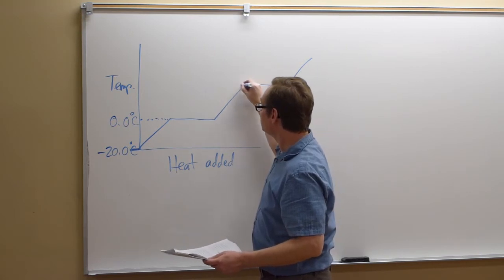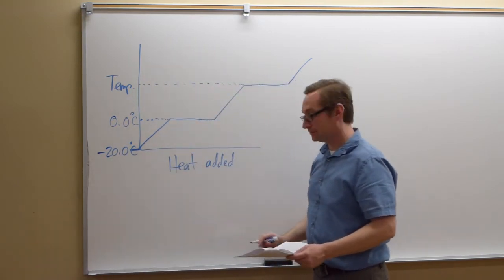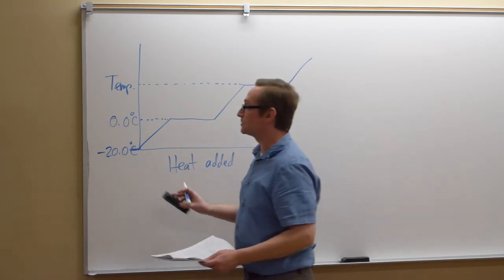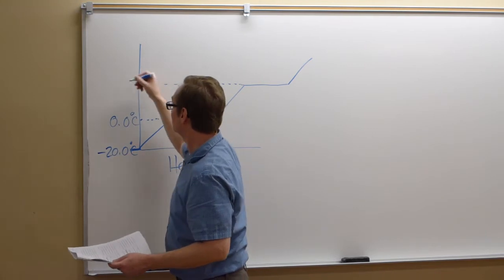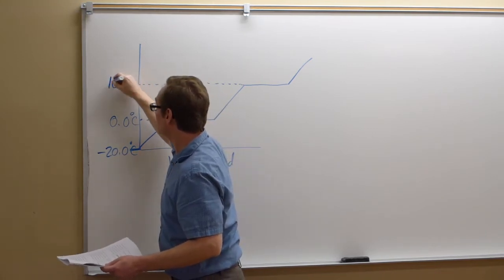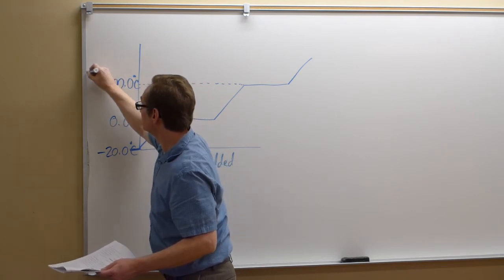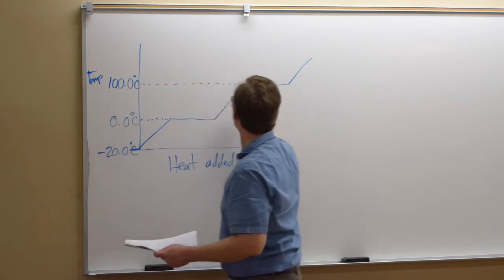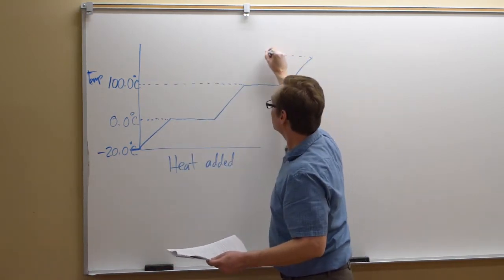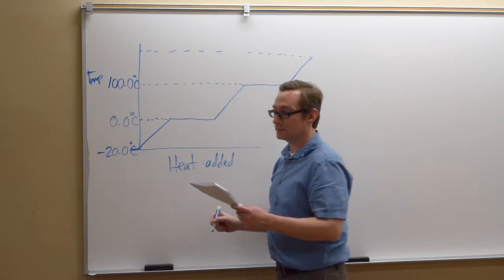And then what about this temperature right here for water? I'm asking you for some common knowledge, but yes, it's 100. So this would be 100. And what about the very top there? That's going to be 120.